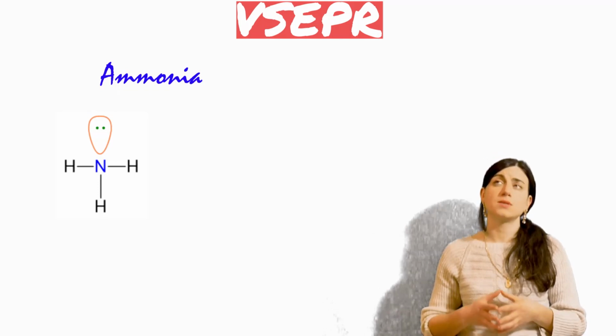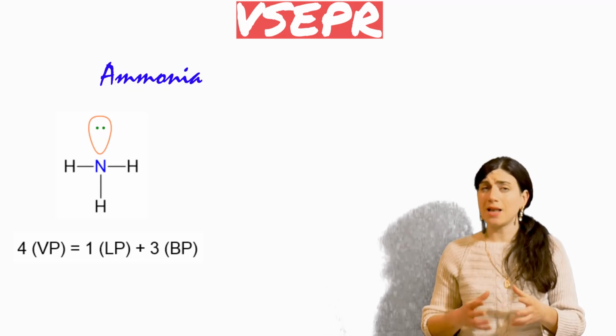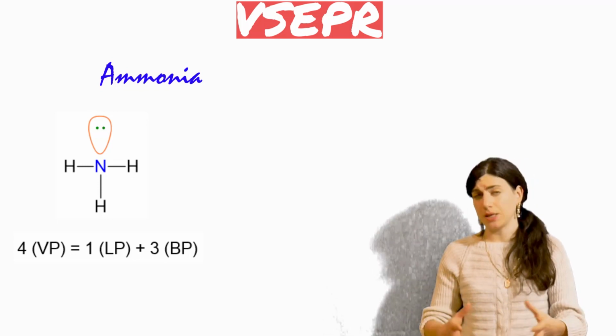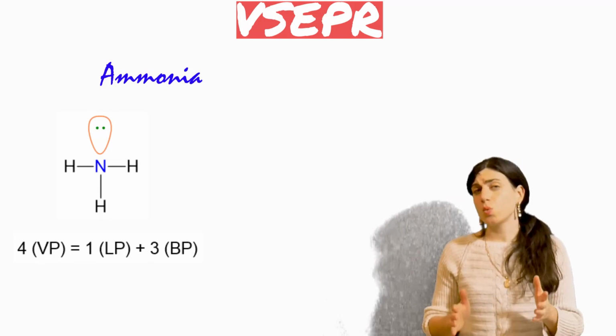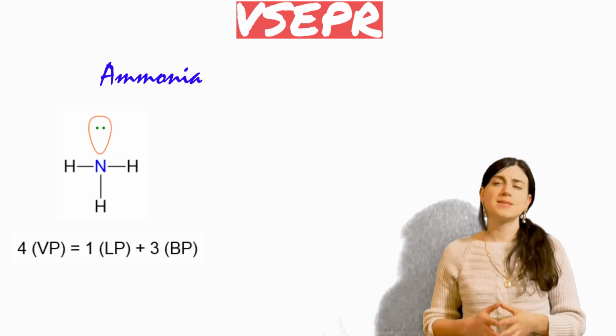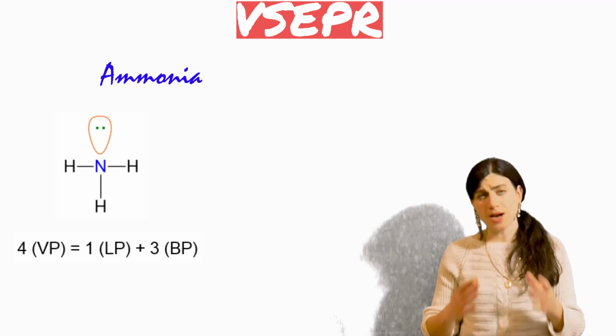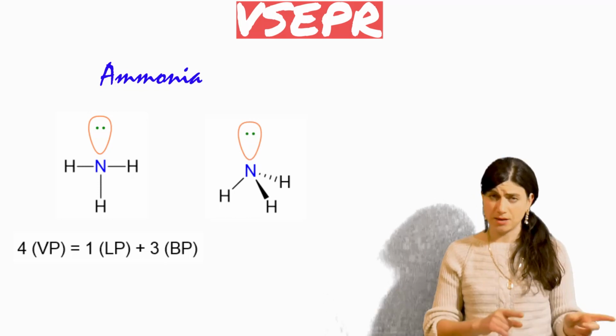Then let's count the electrons. We have 4 VP, then we have 1 LP and 3 BP, 3 bond pairs. Once we know VP is 4, let's take our table. Again, VP equal to 4 is the tetrahedral arrangement of electrons.